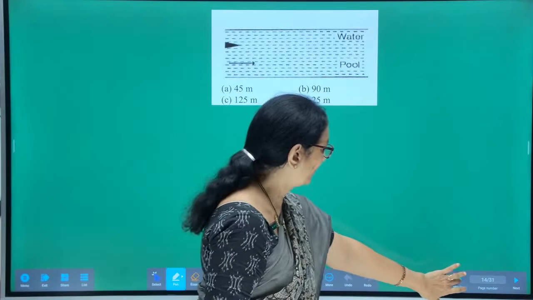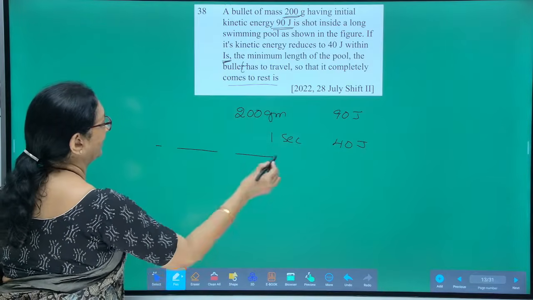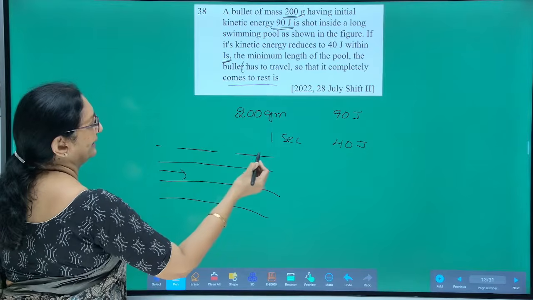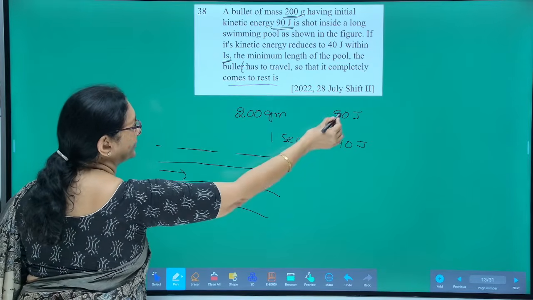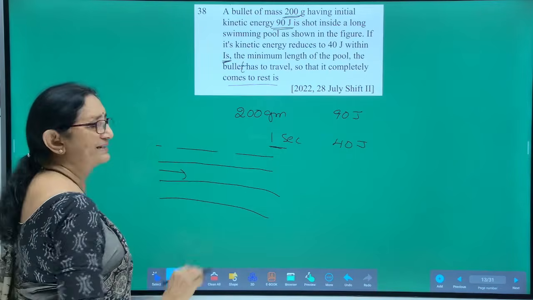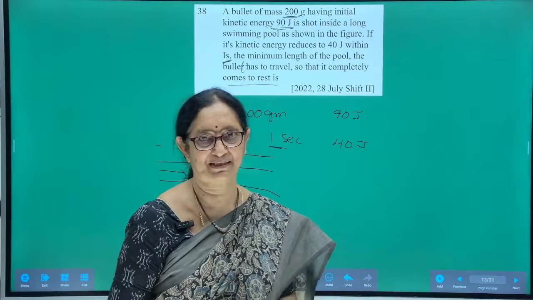Okay. Now, going back, see here, this is the pool in which the bullet is fired and its energy reduces from 90 to 40 in 1 second. What is the total distance travelled by the bullet before it stops?